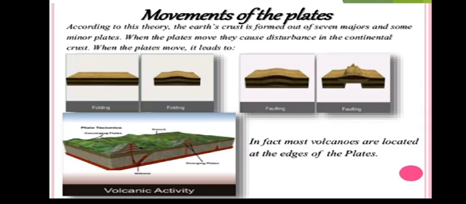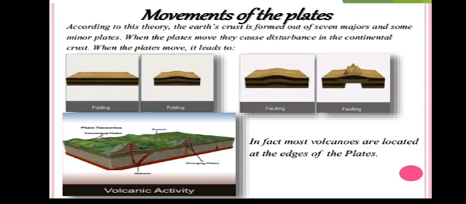Second one is your divergent. When plates move away from each other, it causes faulting. What is faulting? Faulting is a fracture on the land because plates move away from each other. Transform movement, when two plates come together and they collide and crumble horizontally.